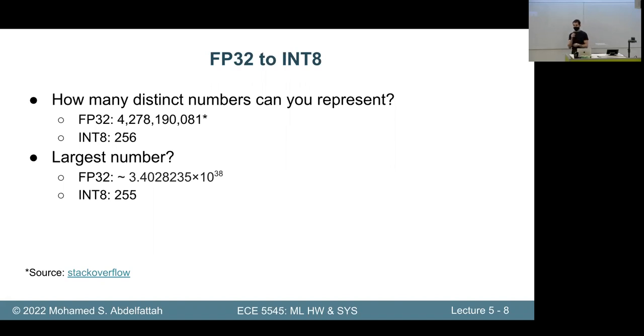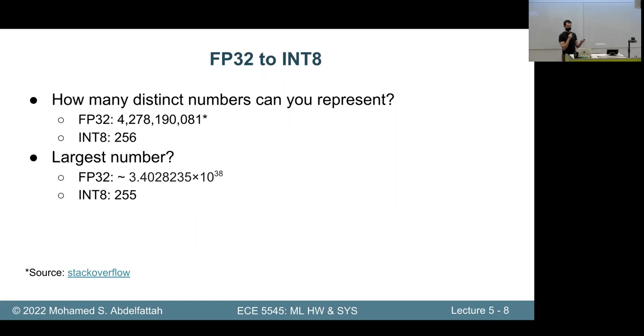We want to go to int8, which has exactly 256 numbers that you can represent. So you're definitely reducing the representational capacity of this numbering system by a lot. Like, what is this, 10 orders of magnitude, or 7 orders of magnitude?